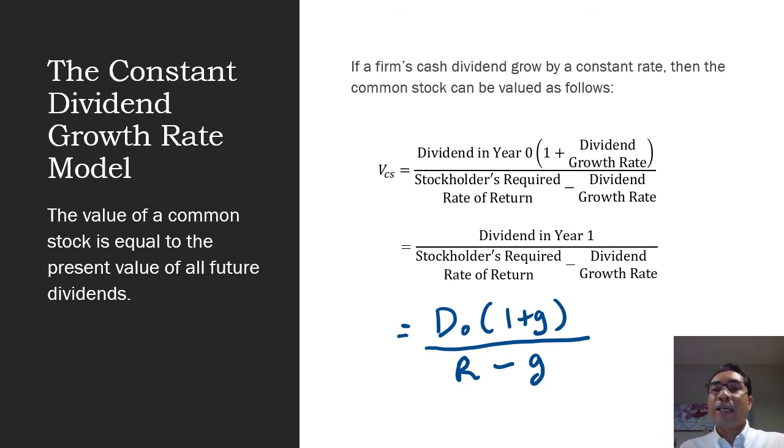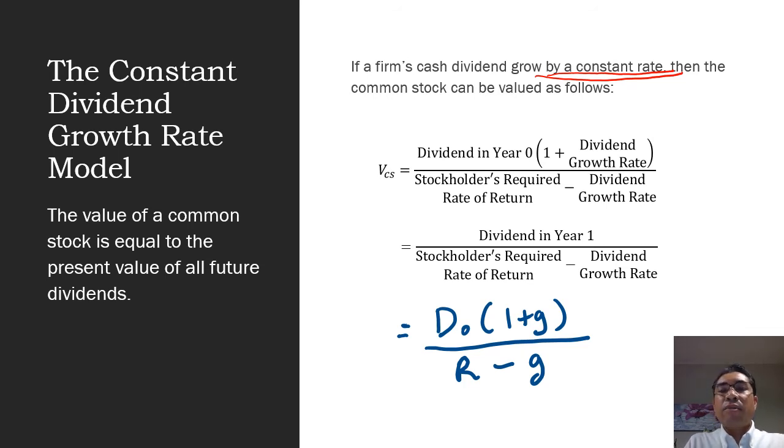We have to do it like that because otherwise we cannot come to a calculation of the company's stock. So if a firm's cash dividend grows by a constant rate, then common stock can be valued as follows.